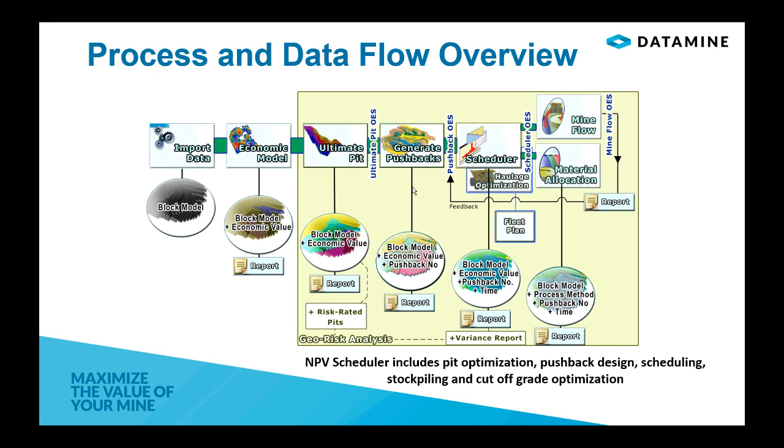This also includes haulage optimization. Once we have a schedule, we can carry out material allocation or mine flow optimization to evaluate how we can utilize stockpiles to increase the NPV of the project and investigate different cut-off grade strategies.